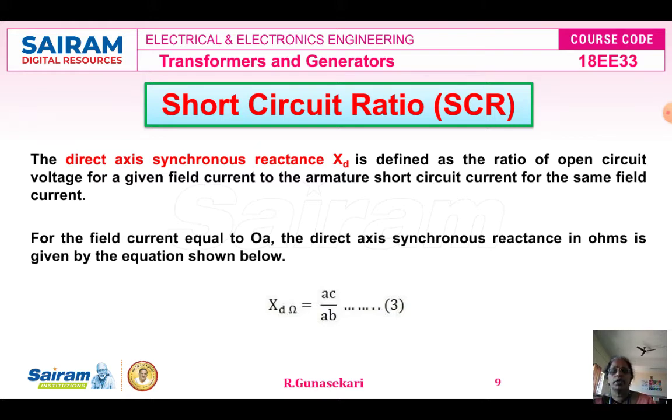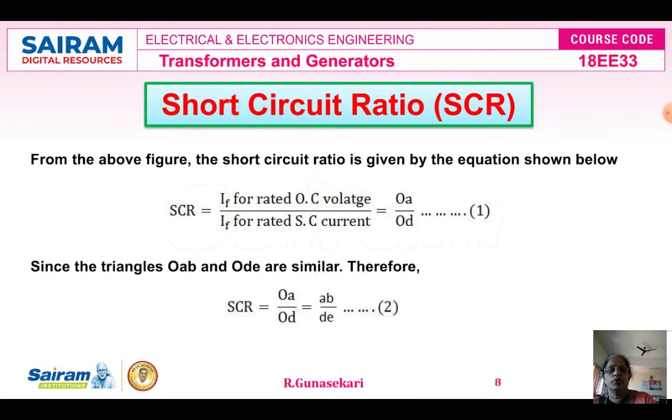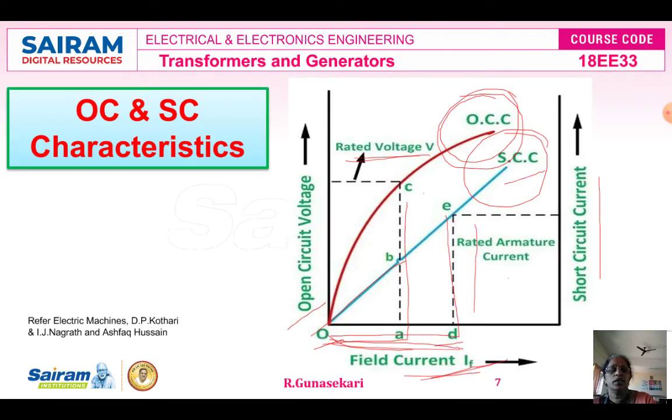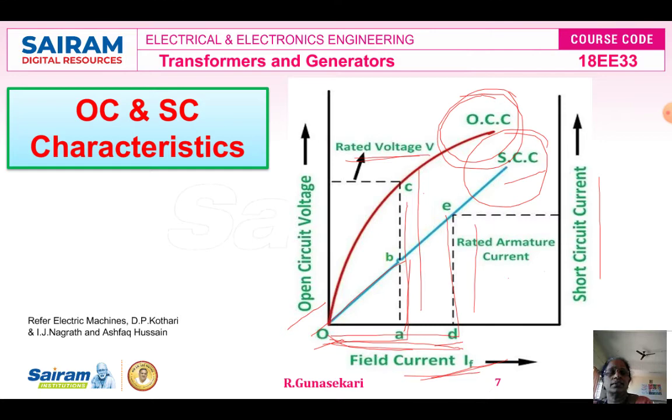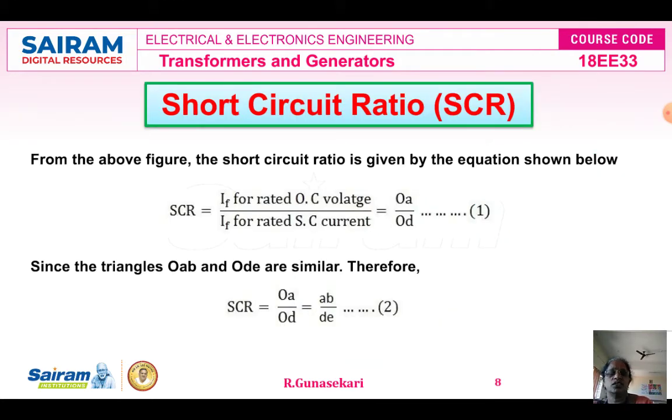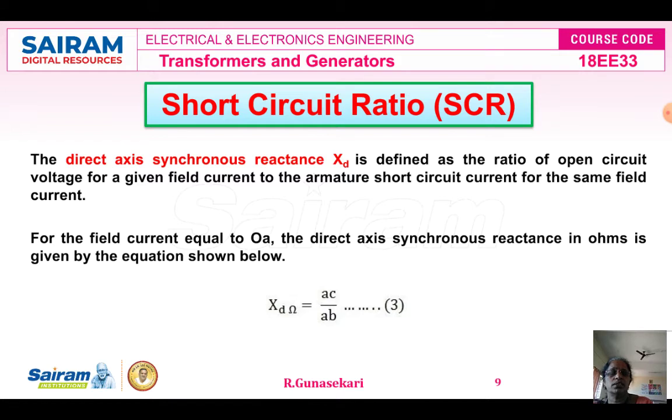So from the figure, for the field current equal to OA, the direct axis synchronous reactance XD, in ohms, is AC divided by AB. Now you can see in the figure, this is AC divided by AB. So this is nothing but the direct axis synchronous reactance. This is equation number 3.